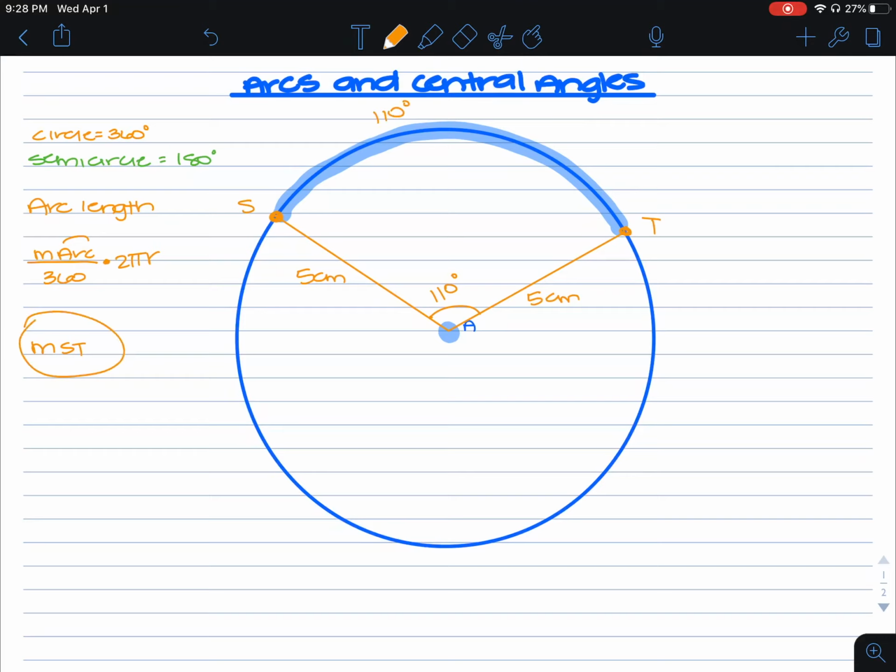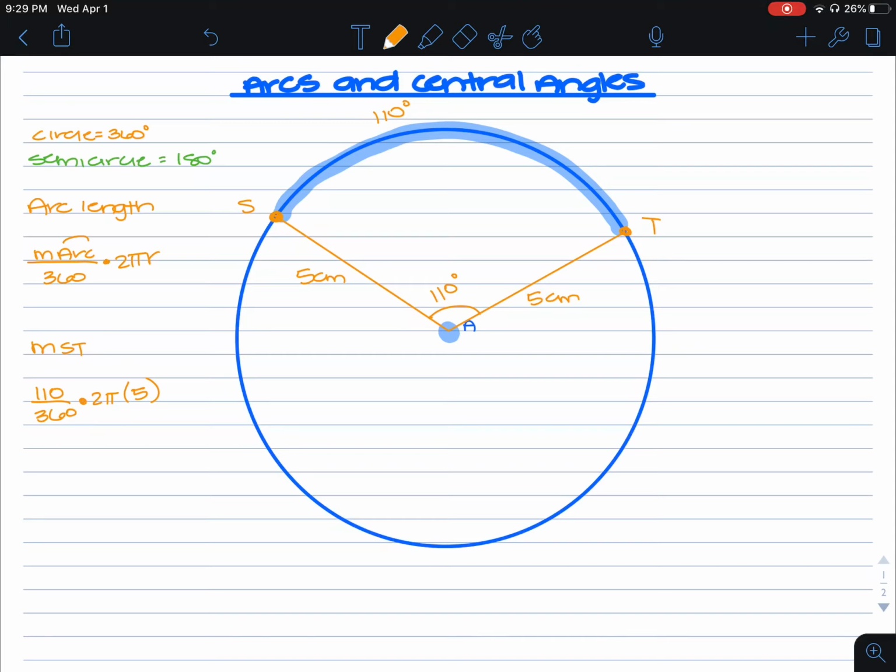Well, I want to find the measure of ST. Not in degrees, this one's in degrees. I want to find the actual measure. So I'm going to use this formula. I have the arc measure, which is 110 over 360, which is from my formula, times 2 pi times my radius. My radius in this case is 5.